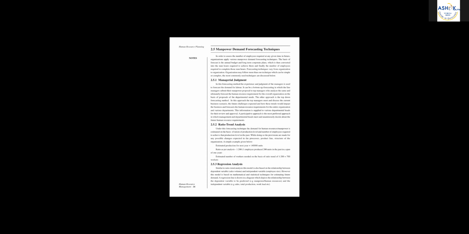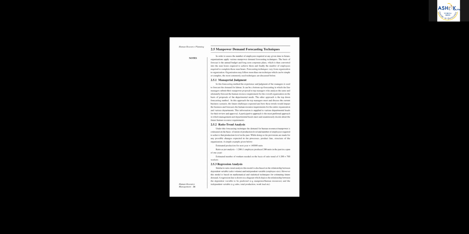Ratio trend analysis. Under this forecasting technique, the demand for human resources is forecast on the basis of ratios of production level and number of employees required to achieve that production level in the past. While doing so, provisions are made for any possible change expected in the process and product line structure of the organization.